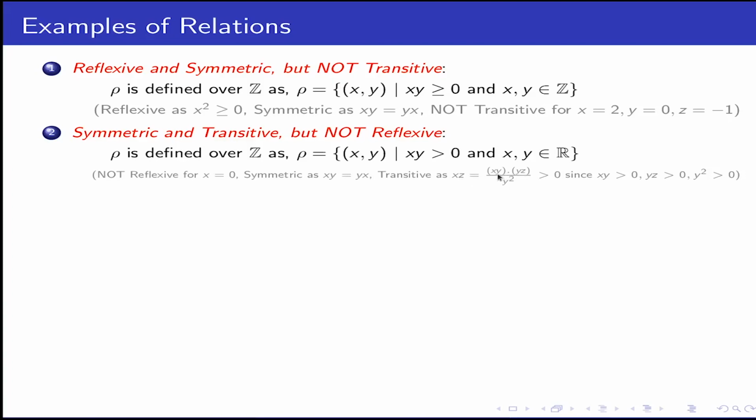And you see your xy is greater than 0 because I assume that the pairs xy and yz are already in my relation. I have to conclude that this is also in the relation. So these two are already greater than 0, this is also greater than 0, y squared is also positive. Therefore, I can say that this element is greater than 0.